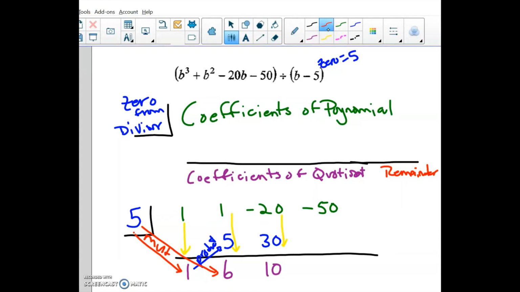We'll do one more multiplication. This 5 multiplies on this 10. 5 times 10 is 50. Combine these numbers, and we get 0.